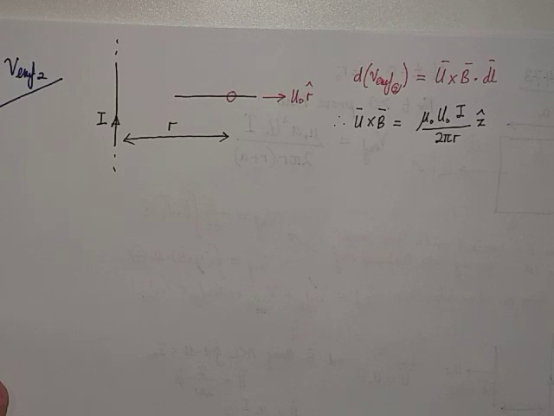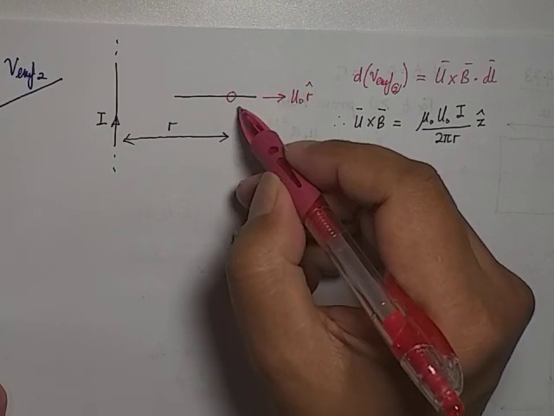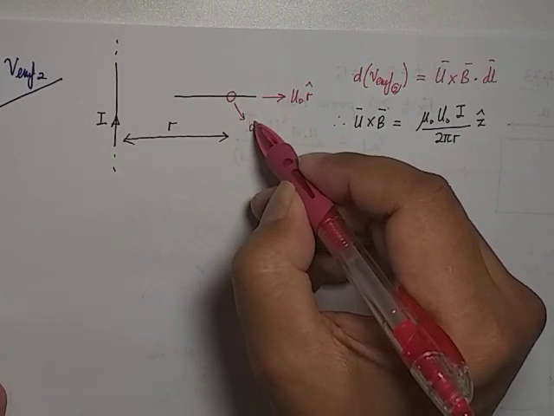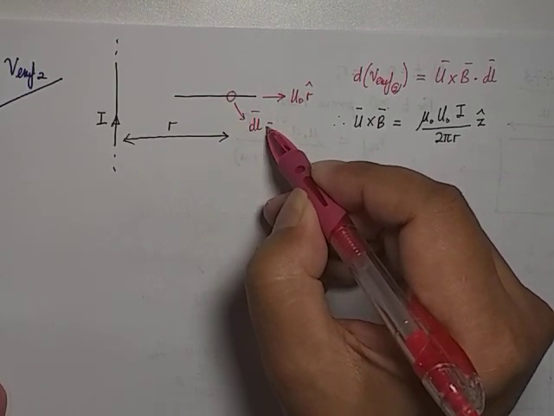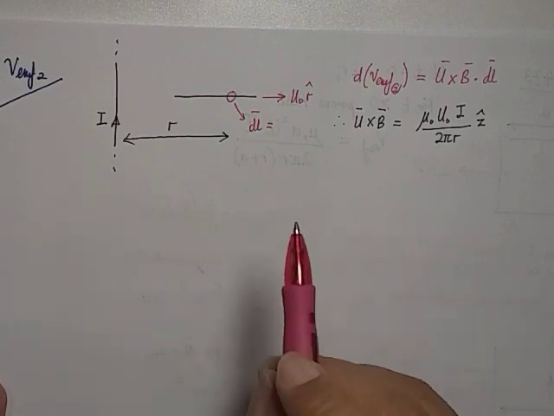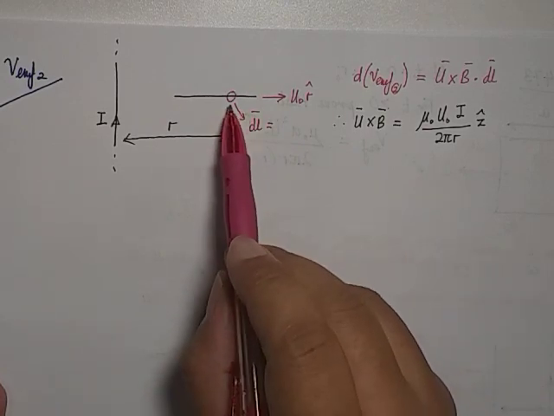But when we look for the dl here, the dl must be based on the position where we are taking the sample on the conductor. So this is our dl.